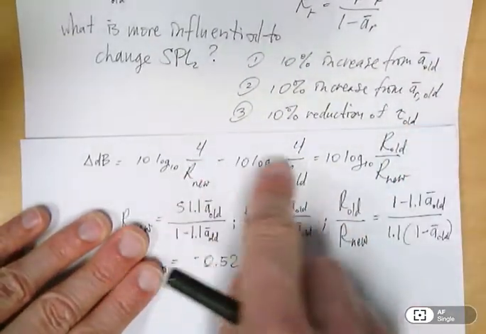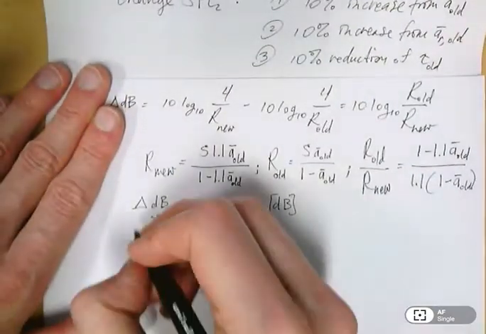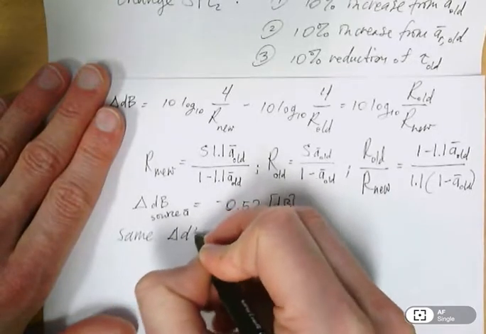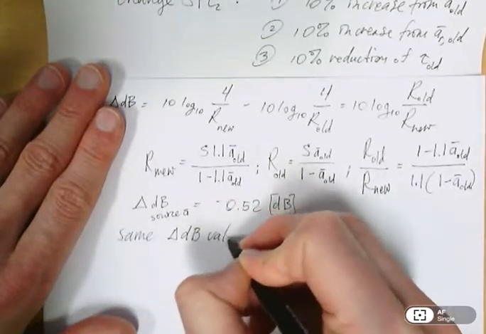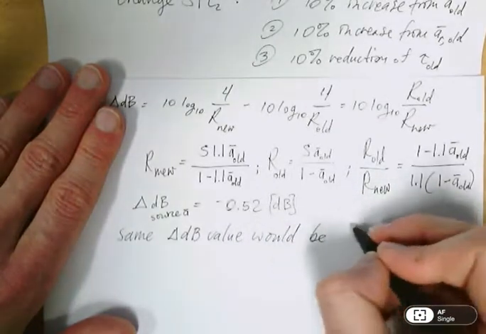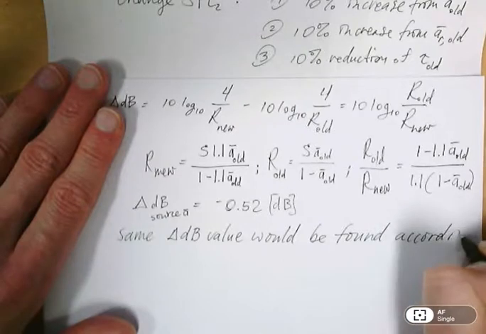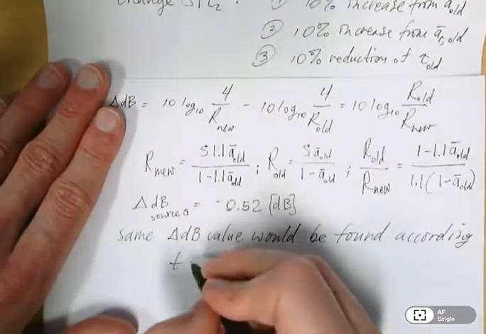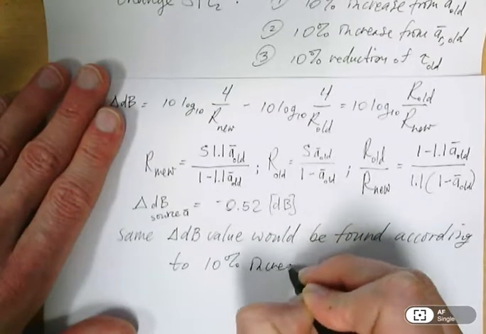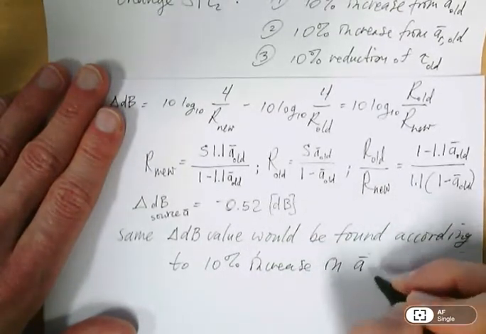So the same delta dB value would be found according to a 10% increase in A bar R old.